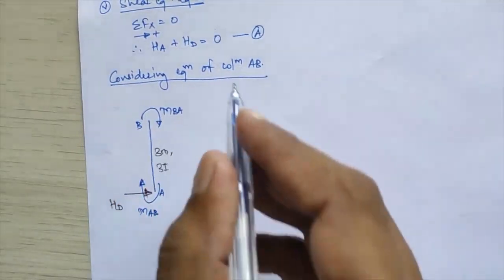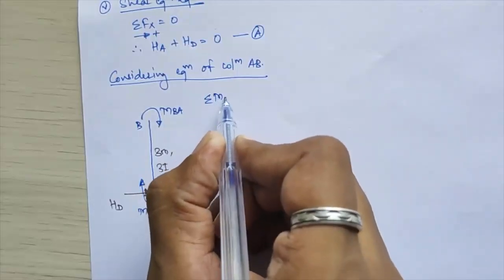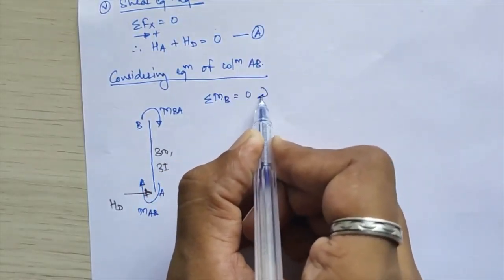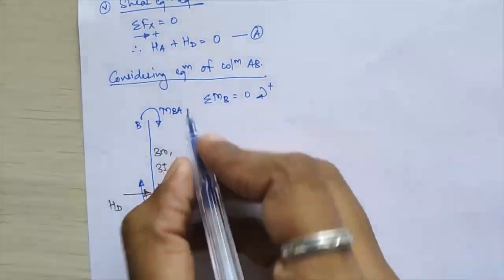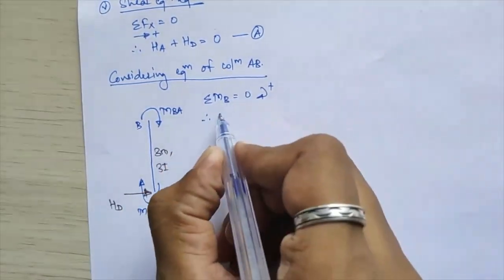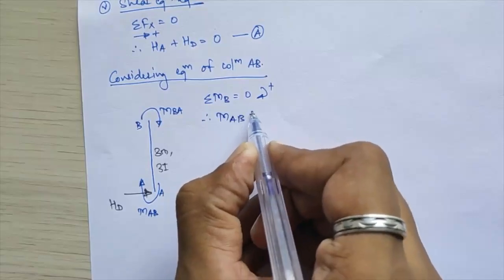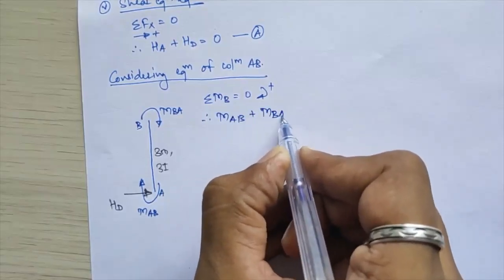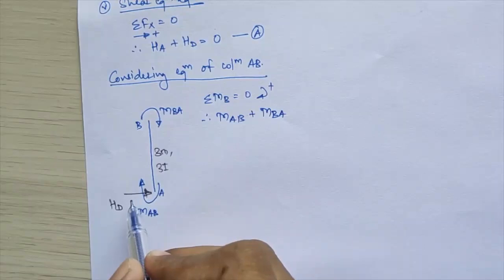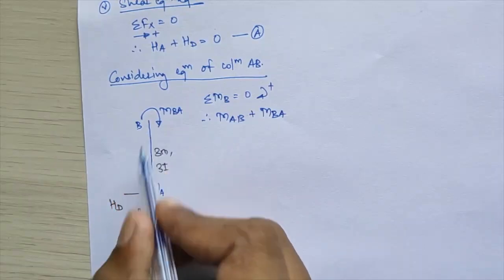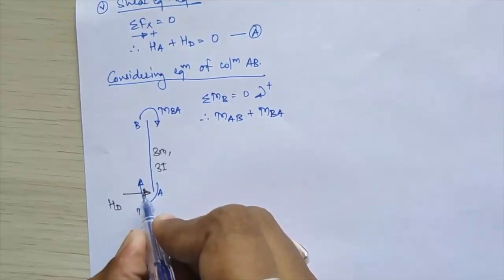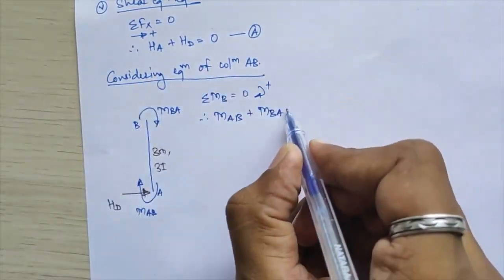Okay, so I'll take summation of moment at B equal to 0, treating clockwise moments as positive. From this I get MAB plus MBA, and the moment of this HA about joint B will be HA into lever arm 3, which will be anticlockwise.